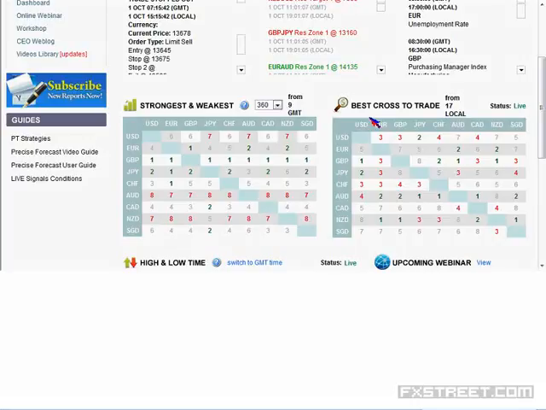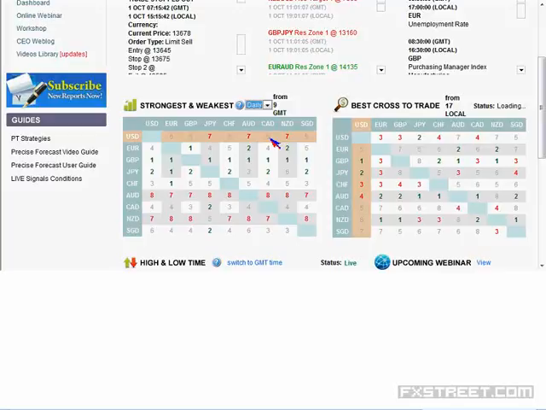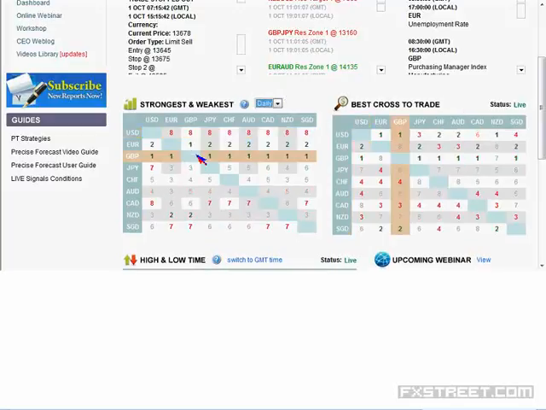Right now, let's look at today's session and the barometer. This is the barometer we use to take our trading decisions, and it helps us decide which currency is strong or weak against all the crosses.